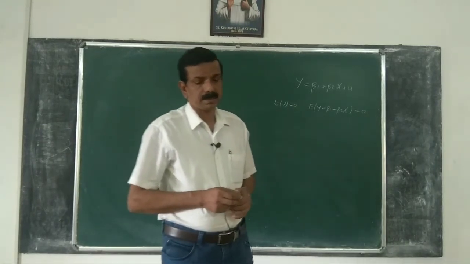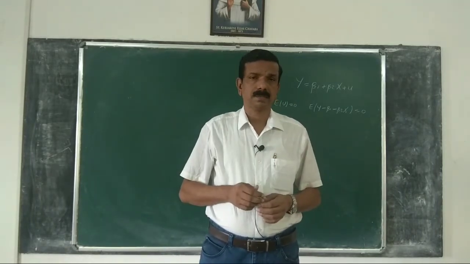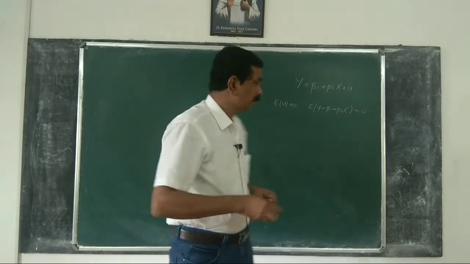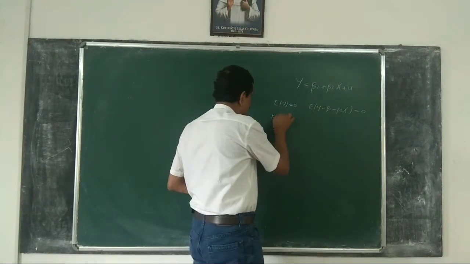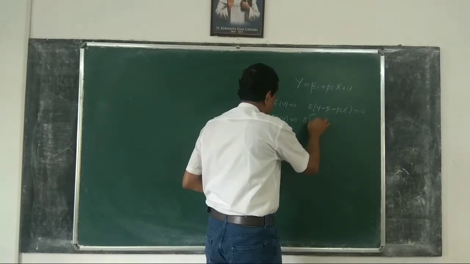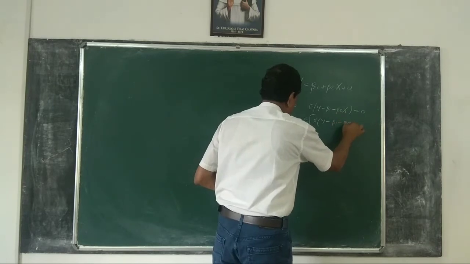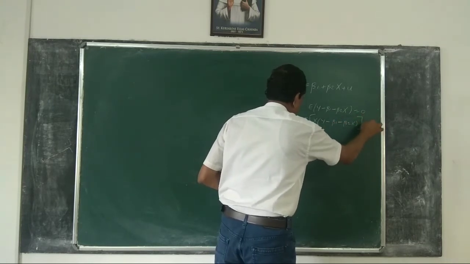The second is that x is fixed in repeated samples, or if it is random, not correlated with u. Expected x u is equal to 0 means expected value of x into y minus beta 1 minus beta 2x is equal to 0.